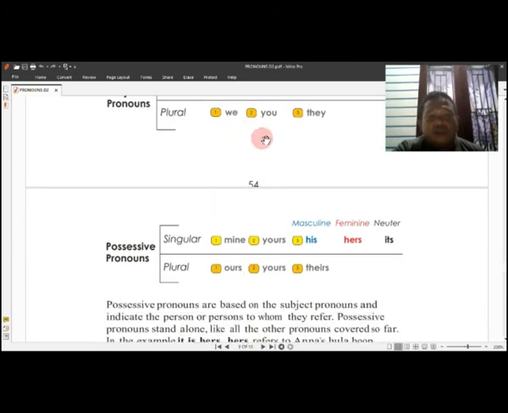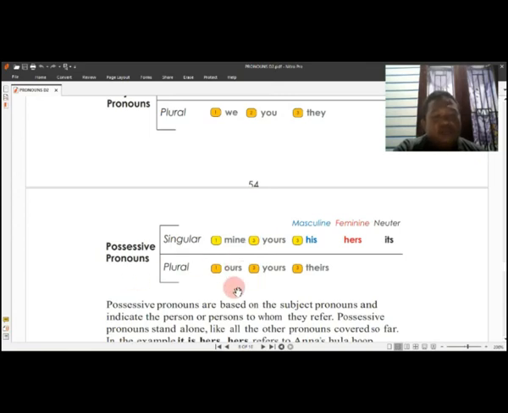We becomes ours, you becomes yours, same here. They becomes theirs. Remember, you here can be singular or plural. Same rule with yours as a possessive pronoun, it can be singular or plural.